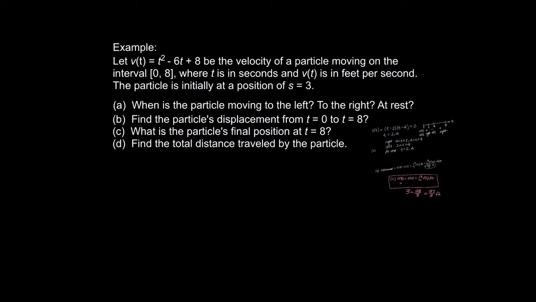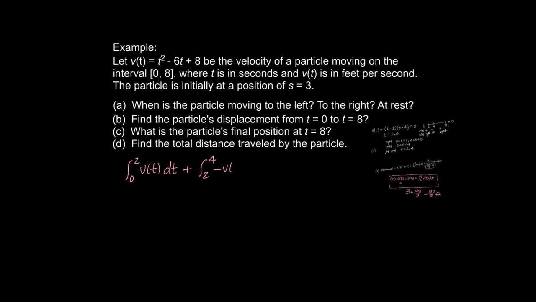So how do you find the total distance traveled? Well, we found earlier that from 0 to 2, the particle is moving to the right, which means that velocity is positive. From 2 to 4, the particle is moving to the left, which means the velocity is negative.